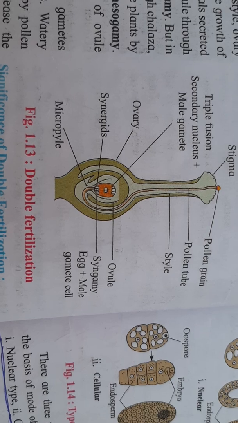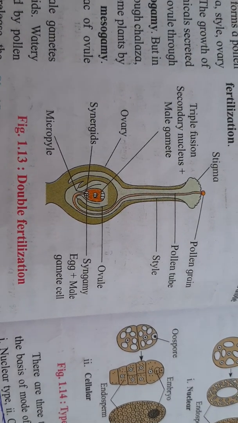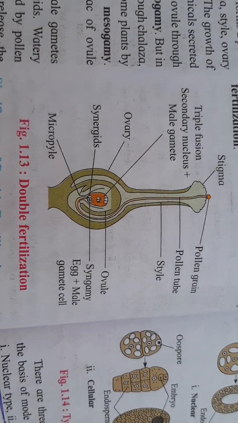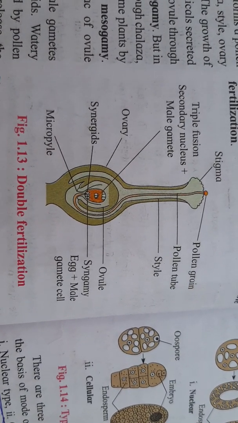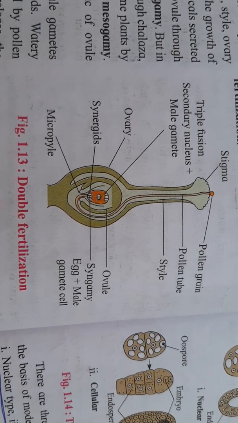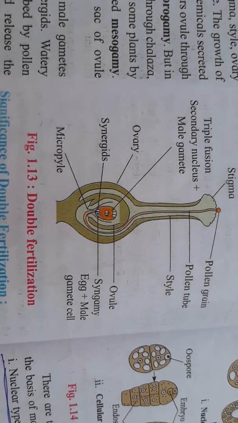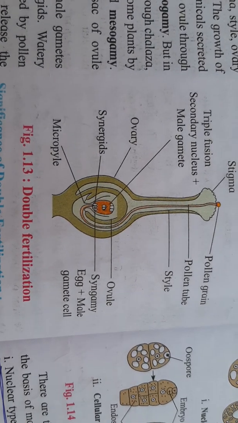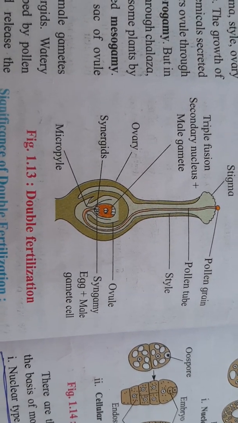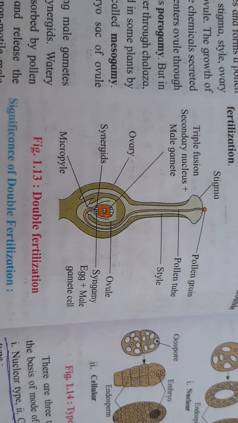The mature pollen grains stick to the stigma with the help of a glucose-like substance present in the stigma. The pollen grain releases a pollen tube, because the tube contains the male gametes.